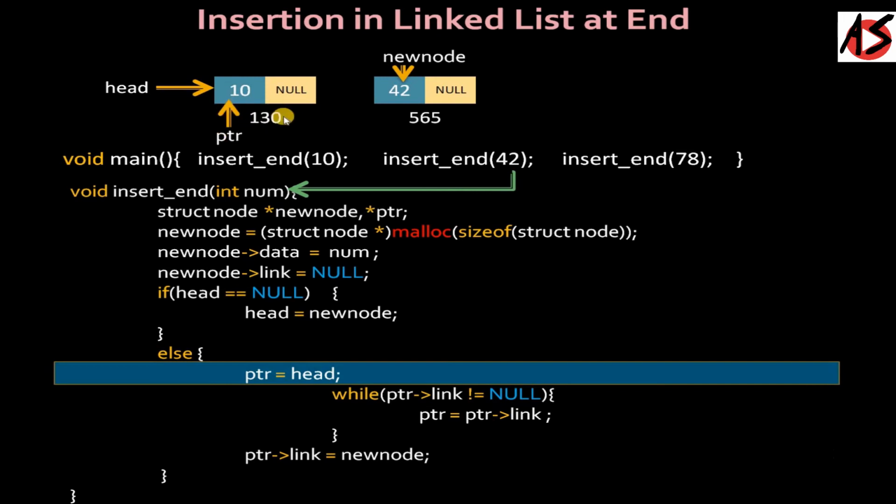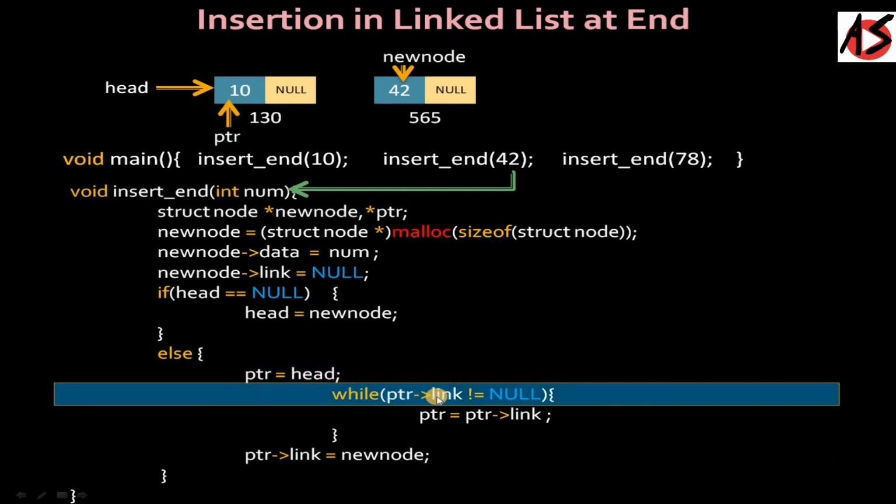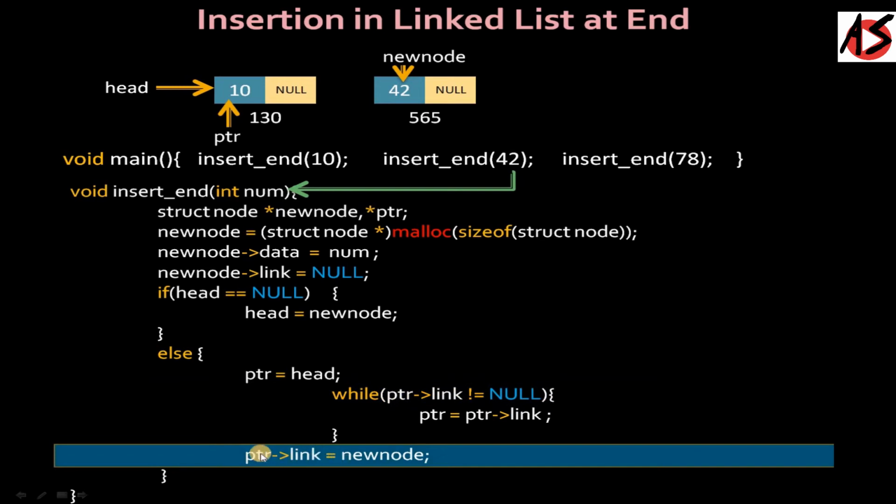Now we are checking the loop condition, that is pointer link part is not equal to null. Here we can see pointer link part is null right now, so this condition becomes false. So we break the loop, and now we have to set the pointer link part equal to new node.